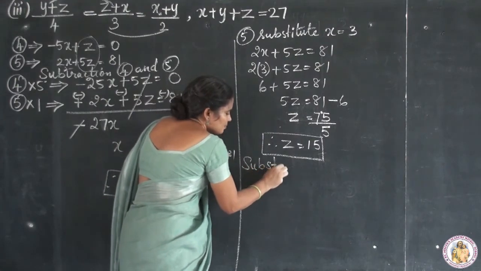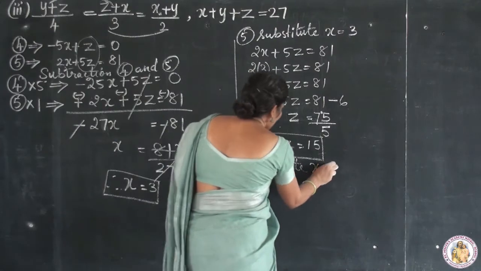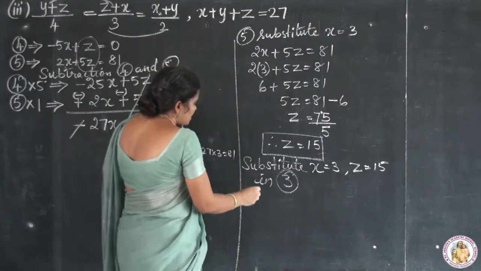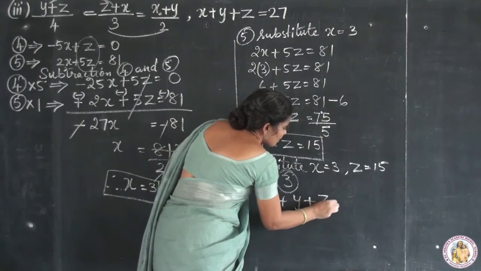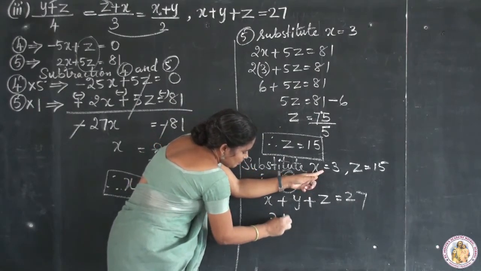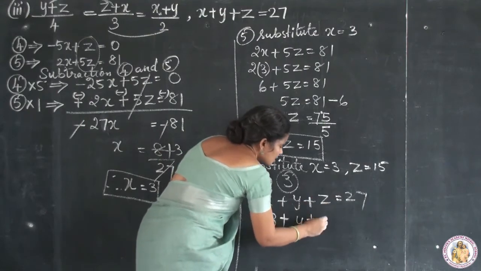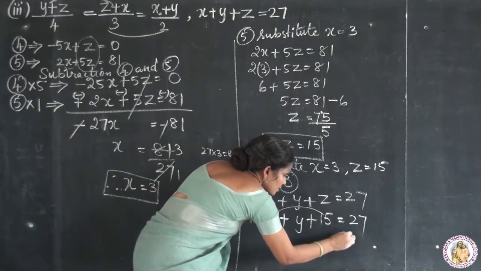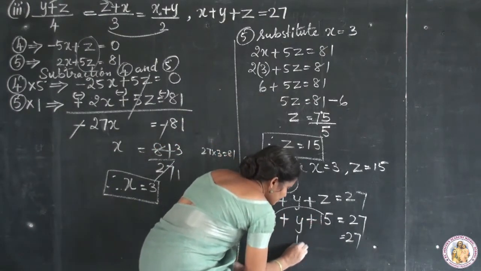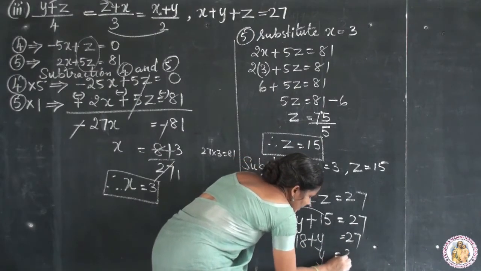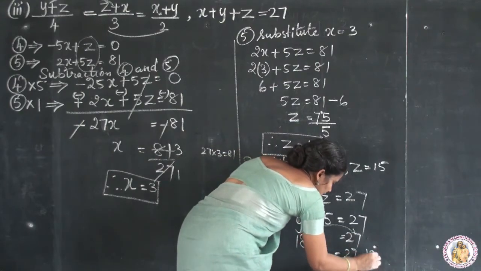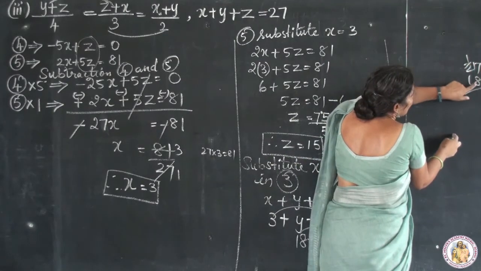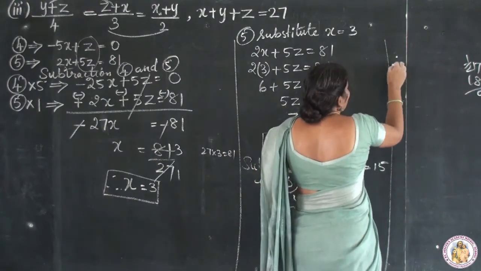Substitute x is equal to 3, z is equal to 15 in third equation. x plus y plus z is equal to 27. x is 3 plus y plus z is equal to 15. 15 plus 3, 18. 18 plus y is equal to 27, y is equal to 27 minus 18. 27 minus 18, that is 9. Therefore, y is equal to 9.